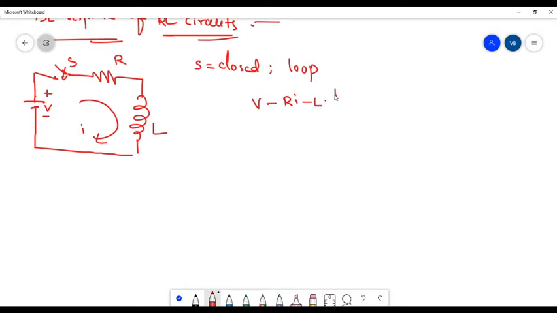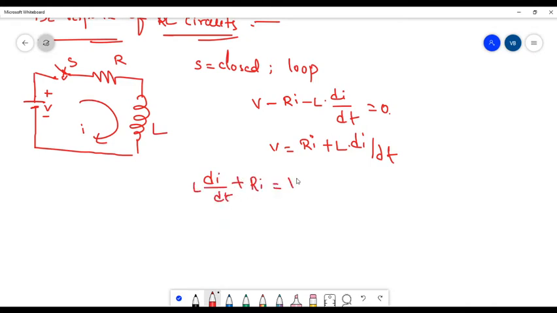That is L into di by dt. The algebraic sum of the voltages in a loop equals 0. So if we send that to the RHS, we get Ri plus L di by dt equals V. So can we write this as a di by dt quotient? So di by dt plus Ri equals V.